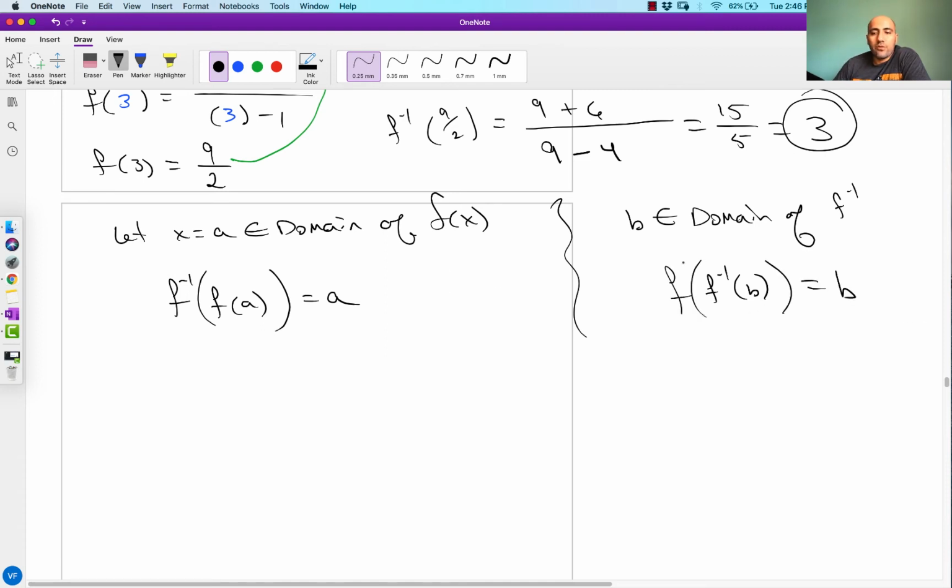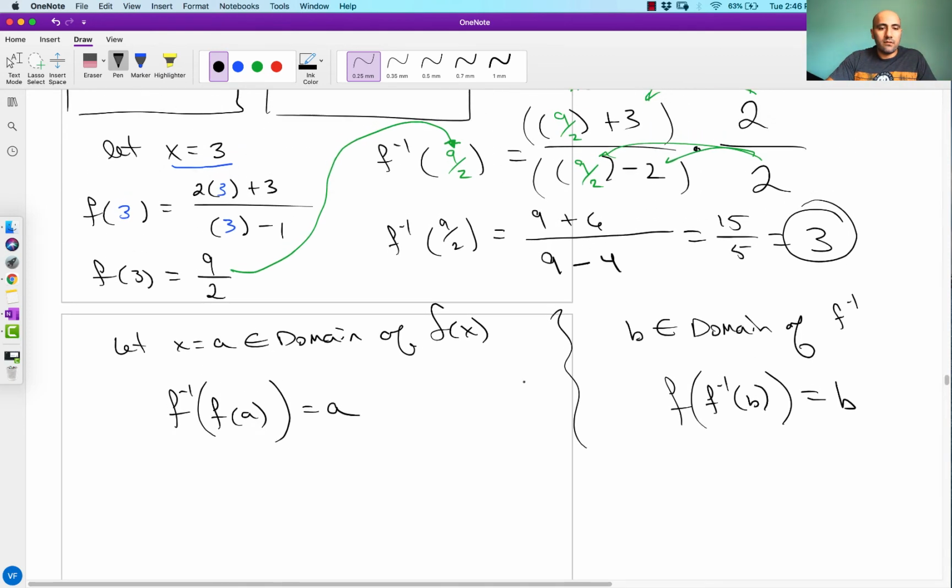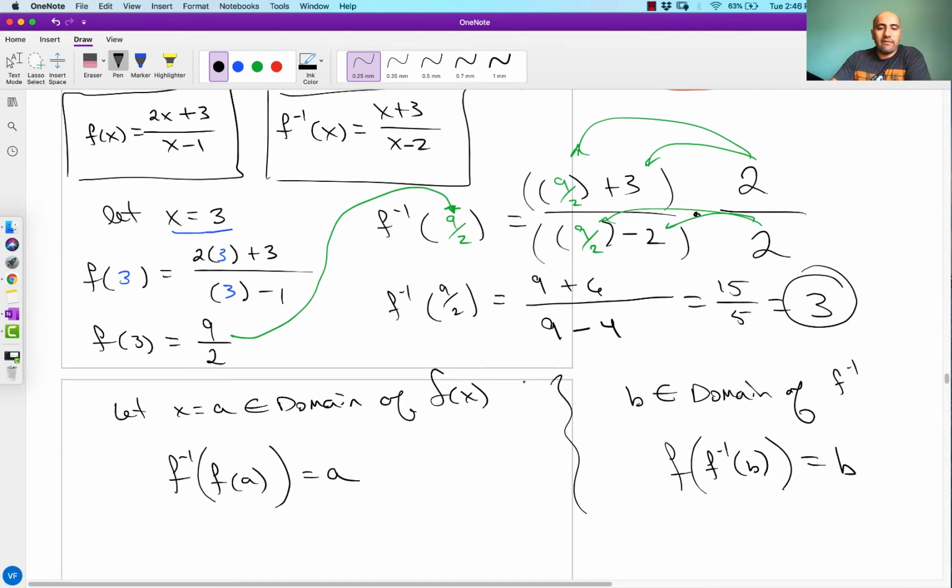We want to show both of these are true. Good. So, remembering the equations of f and f inverse are those, here I want to show that f inverse of f of a.